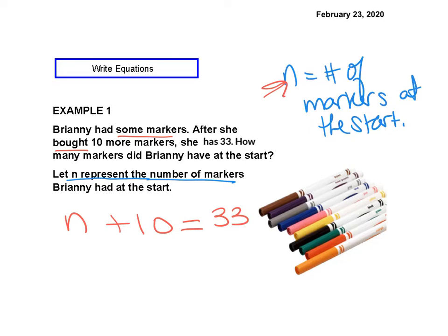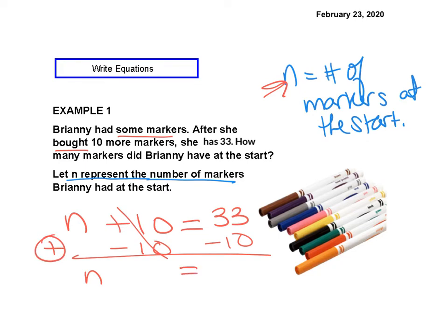This is an addition equation, so we are going to do the inverse operation. The inverse of addition is subtraction. So we're going to subtract 10 from both sides of the equation to keep it balanced. We bring n down, and remember, we are always adding integers. 10 plus a negative 10 is simply 0. We do not write 0.